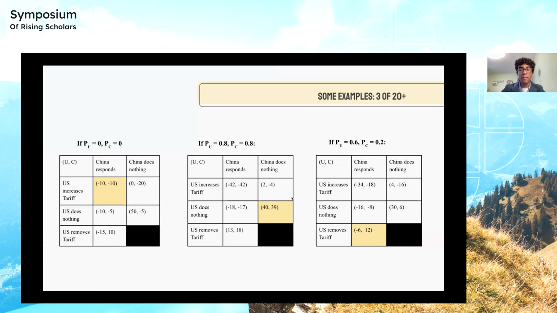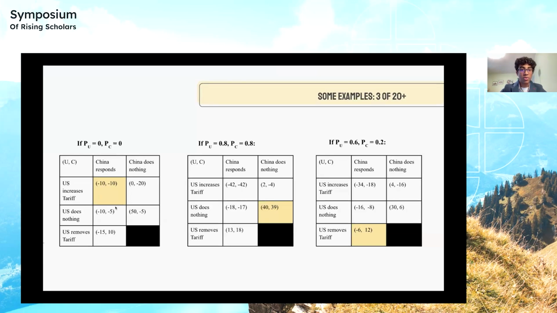So over the course of my project, I actually did more than 20 models, but here are three of some of the most important models which I used. So in the first one, you can see that PU is equal to 0 and PC is equal to 0. And I found that the Nash equilibrium is the United States increasing the tariff and then China responding.